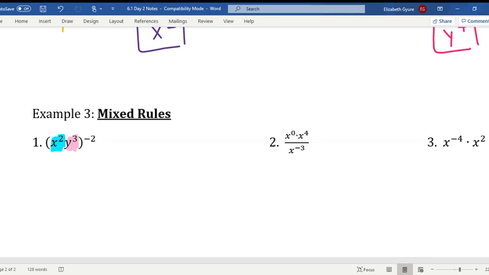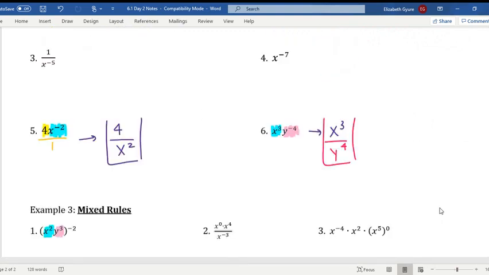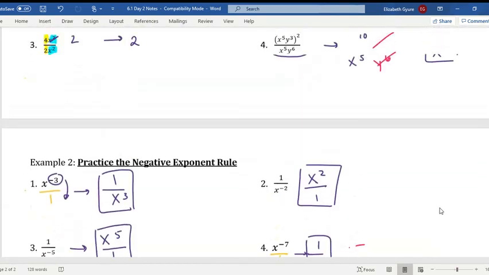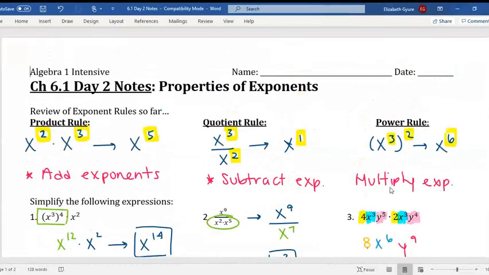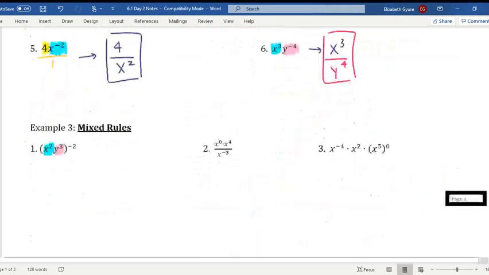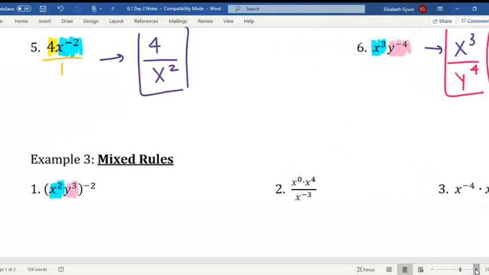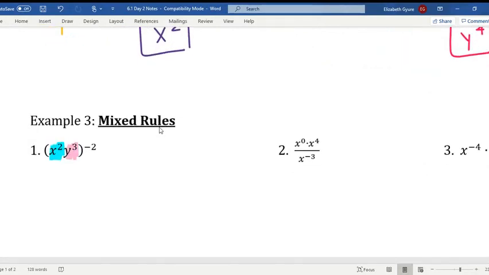Power rule, exactly. So if you go back up to your power rule, if we don't remember, power rule, we multiply our exponents. This is raise them high and multiply. So they're being raised high to the -2, so we multiply.